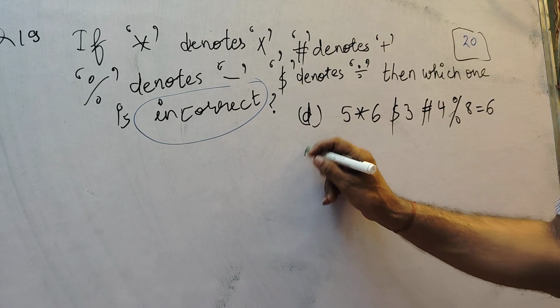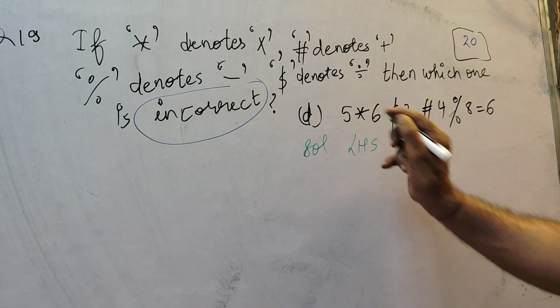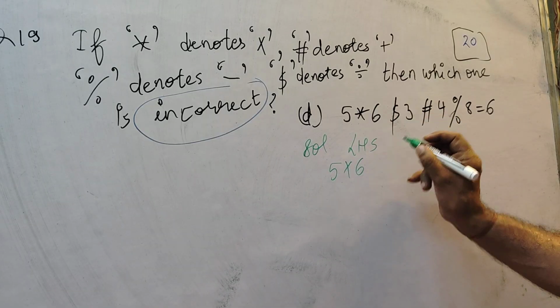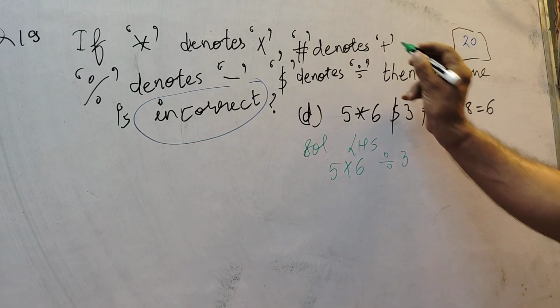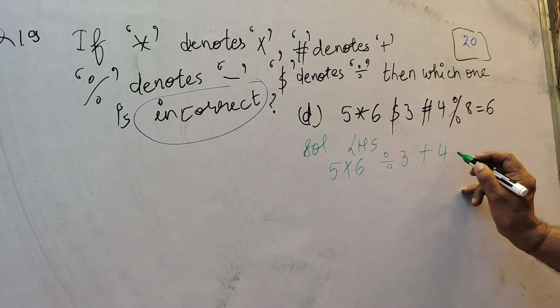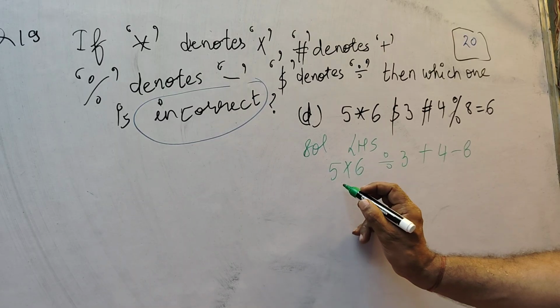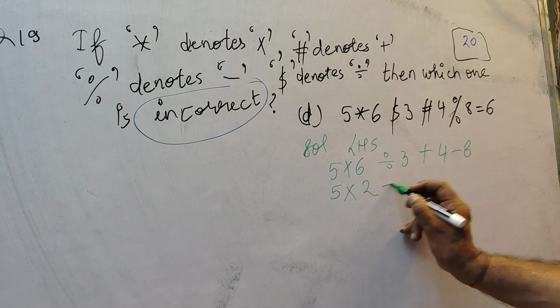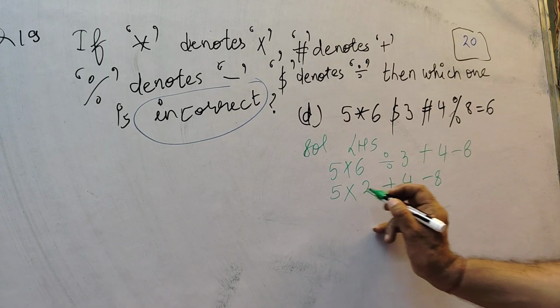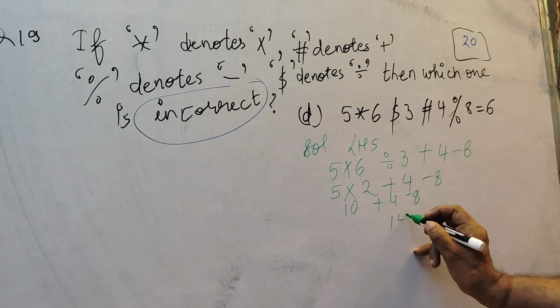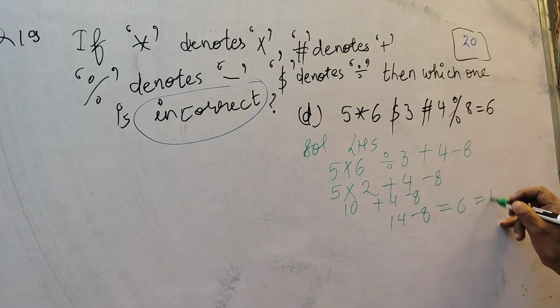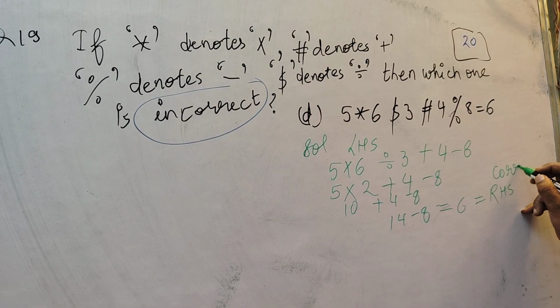So in left hand side, asterisk replaced with multiply, 5 multiply 6, dollar replaced with divide, hash replaced with plus sign, and percentage replaced with minus. Now divide, we solve first. 6 divide 3 is 2. Now multiply: 5 times 2 is 10, plus 4 minus 8. 10 plus 4 is 14. 14 minus 8 is 6. So it is equal to RHS. That is a correct option. So the incorrect option is only C. That's why question 19 answer is C.